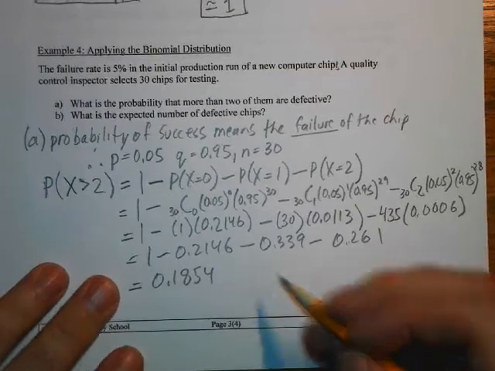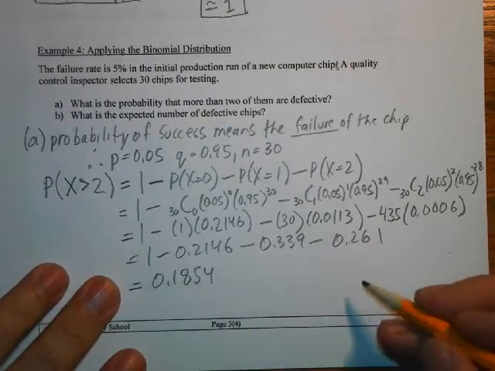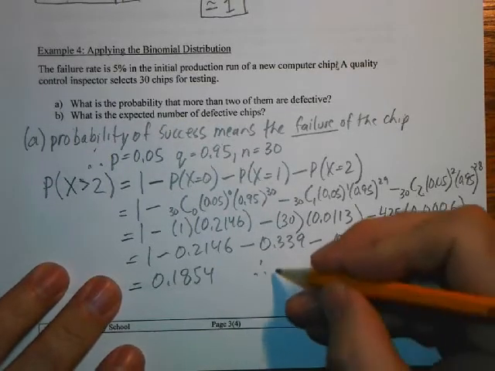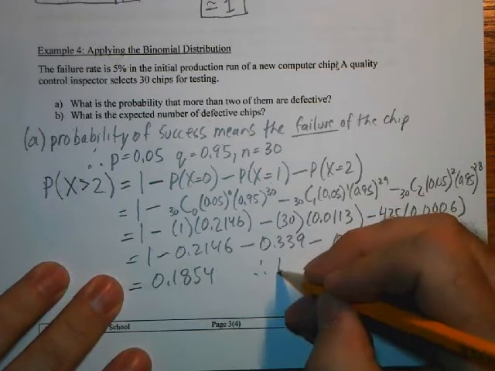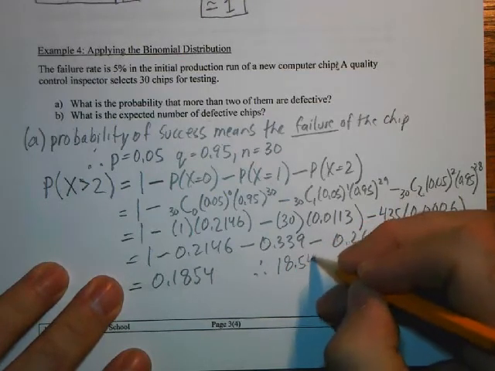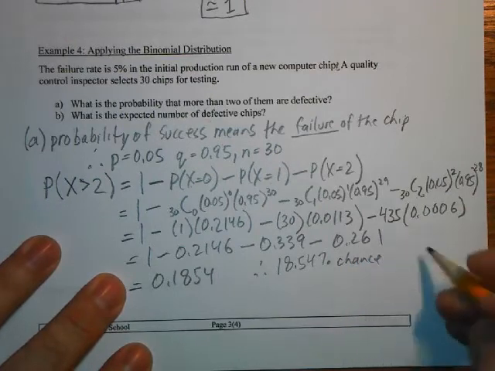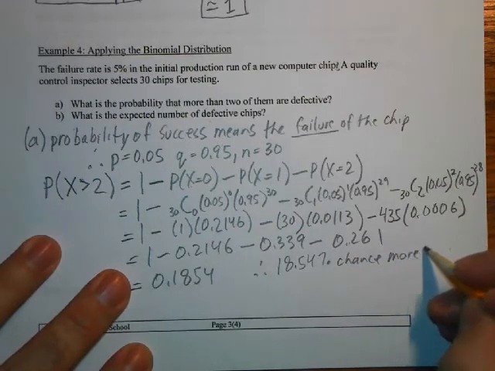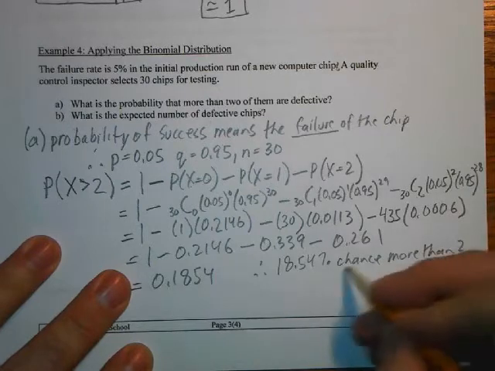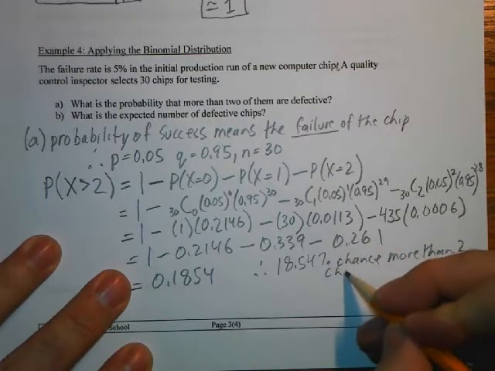If we go back to the question, what's the probability more than 2 of them are defective? Therefore, this time I'll put percent, 18.54% chance more than 2 chips are defective.